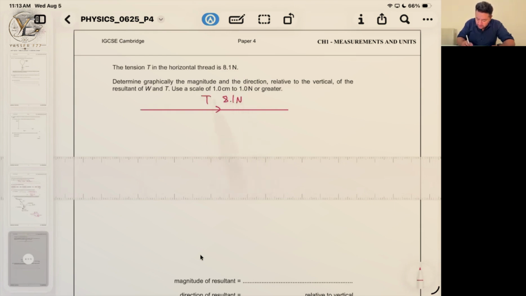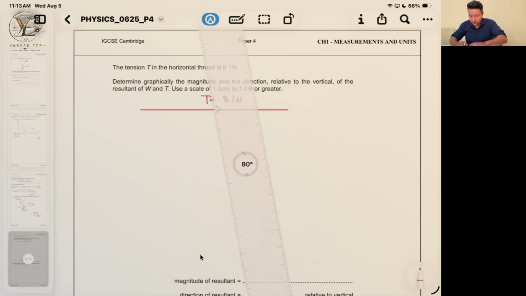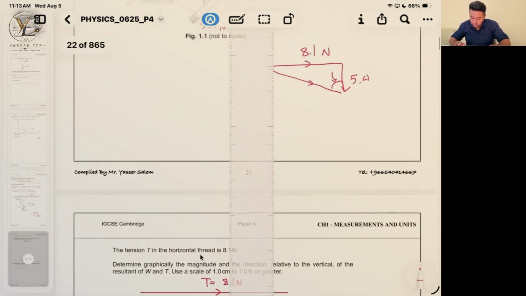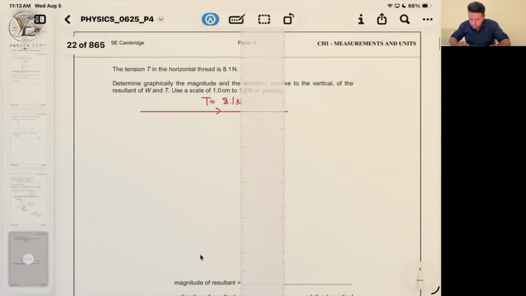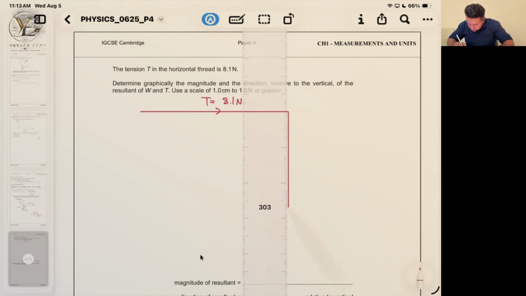The tension, and then the weight, which, as I said, the weight was 5.4. So I'm going to move down 5.4 centimeter. So here is 1, 2, 3, 4, 5, 5.4 centimeters.